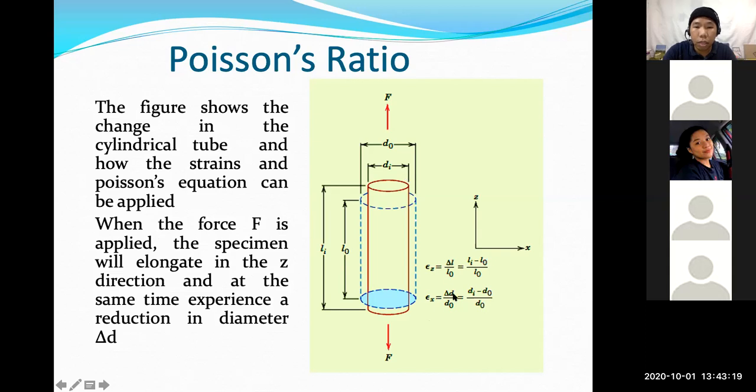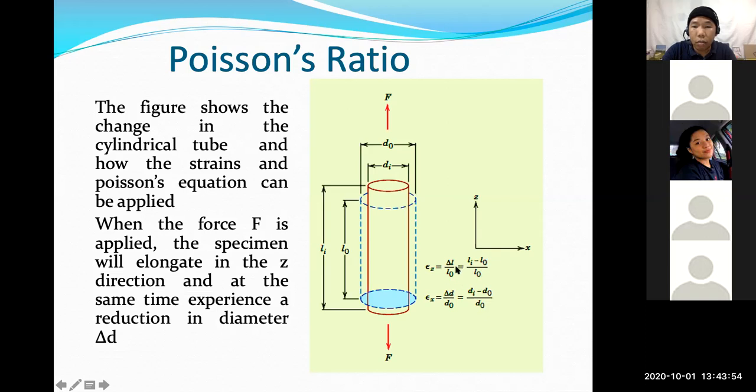So considering Poisson's ratio in the x direction, you have the change in the diameter over the original diameter, which is d sub 0. So you have the new diameter, which is d sub i minus d sub 0, over d sub 0, the original diameter. Now considering the z direction, you have the change in length over the original length.